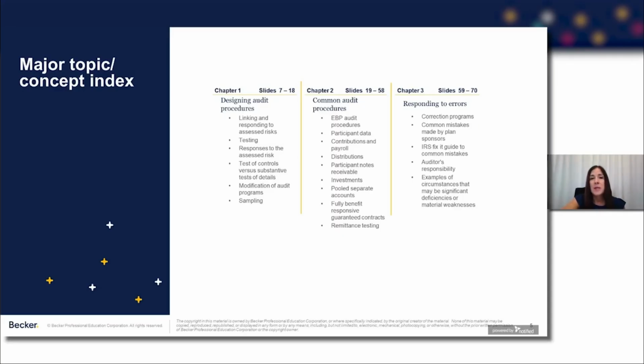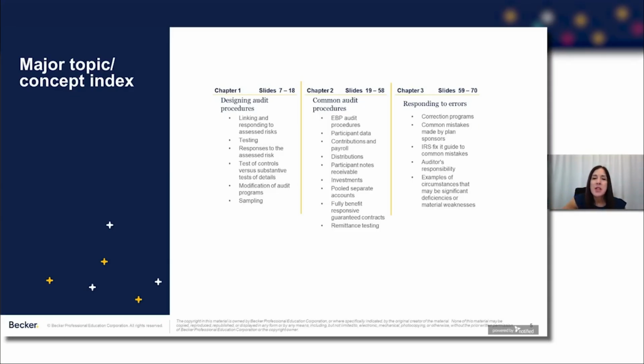That's where that compliance piece comes in. So some of these areas that we're going to be testing, you're not going to see on the plan's financial statements. Things such as eligibility, things including allocations to participant account balances, those types of items. We still have to test them, but they don't show up on the financial statements or even in the disclosures.